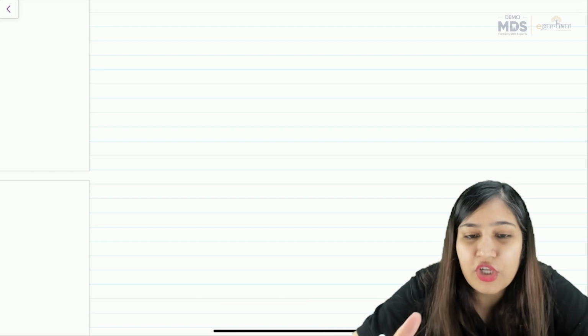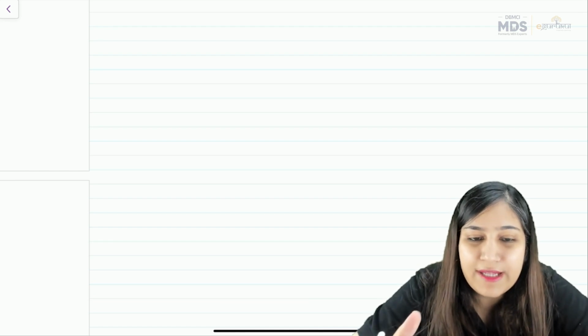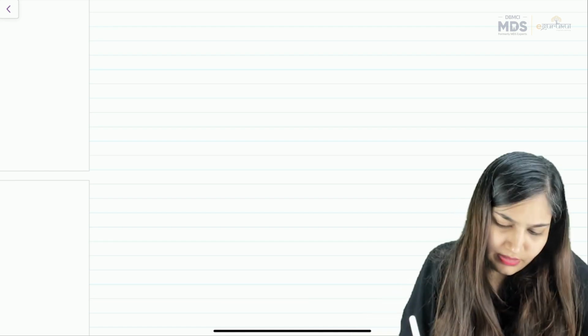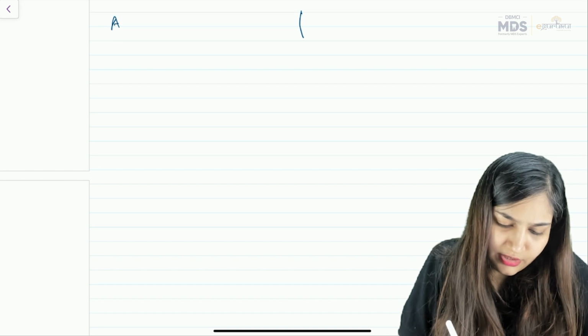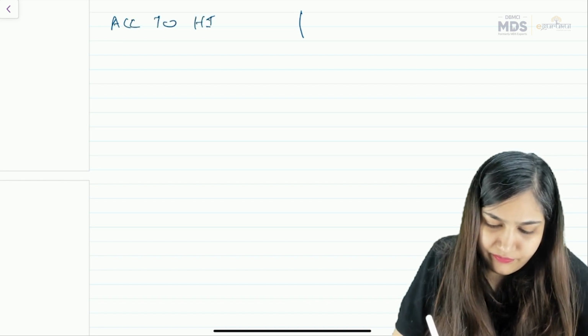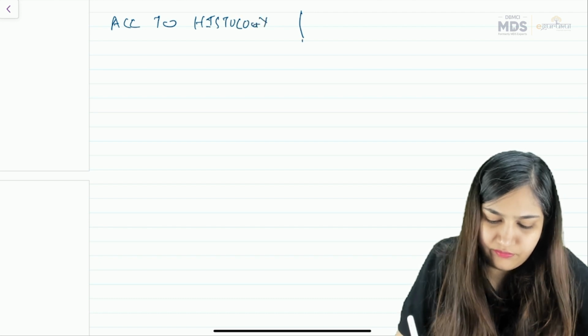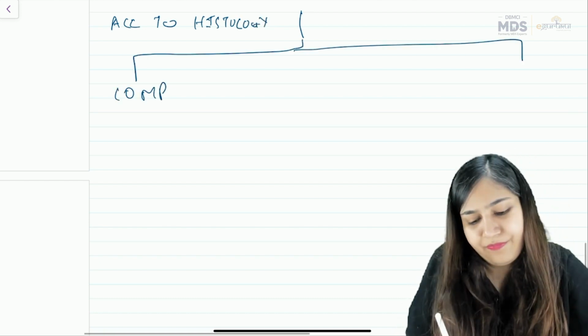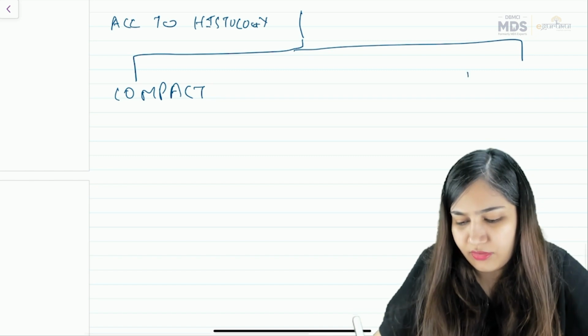Now, histologically, according to the density, we will be having, according to histology, compact bone and cancellous bone.